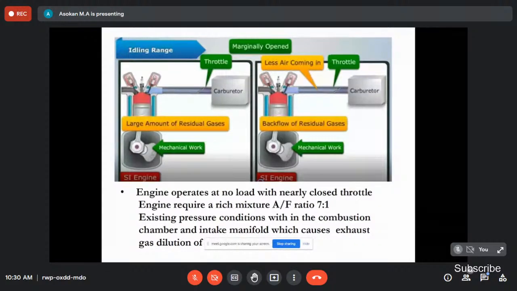Condition within the combustion chamber, an intake manifold crosses the exhaust. More quantity.